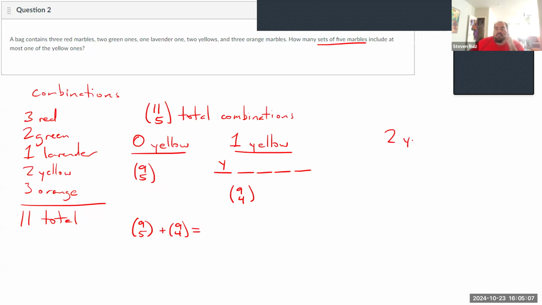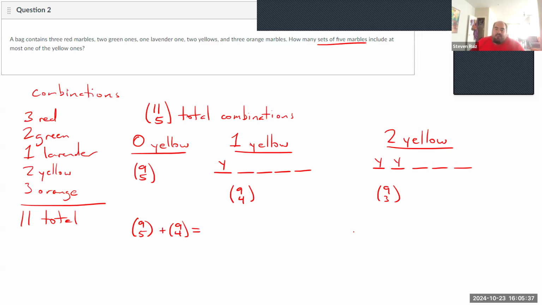Another way to look at this: what if I find the number of combinations where I choose 2 yellow, the only 2 yellow ones there are? So yellow, yellow, and then I have to choose 3 marbles from a list of 9. These are the off limits combinations.